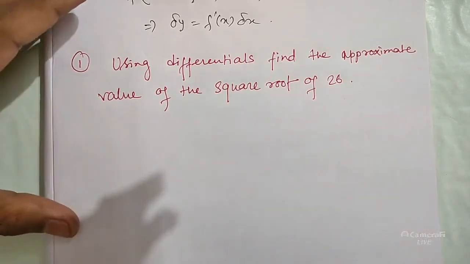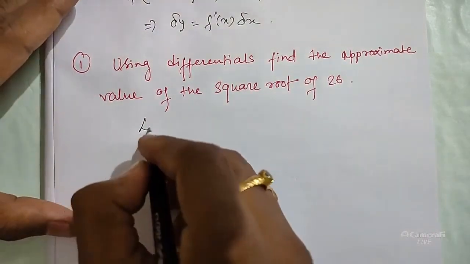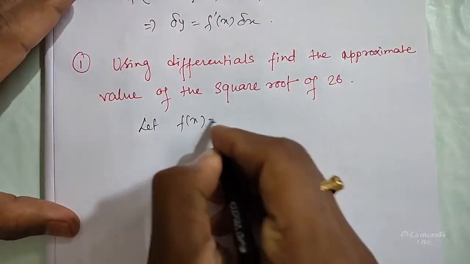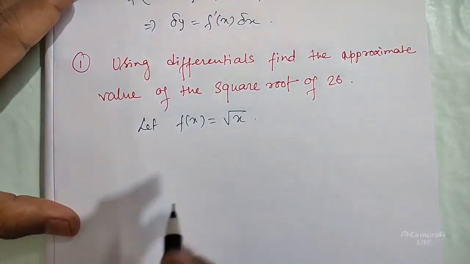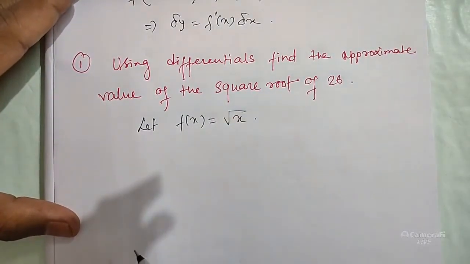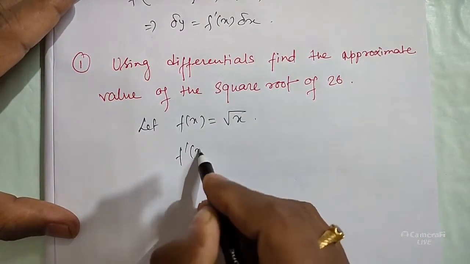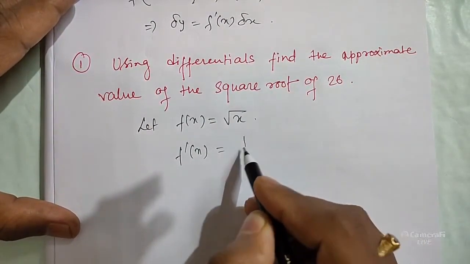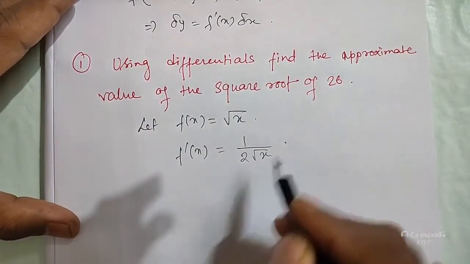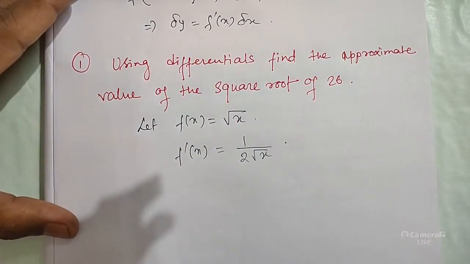So here if we choose f(x) = root x, the value of x is given as 26. Now if f(x) = root x, what will be the value of f'(x)? We know that it is 1 by 2 root x, d/dx of root x is 1 by 2 root x.